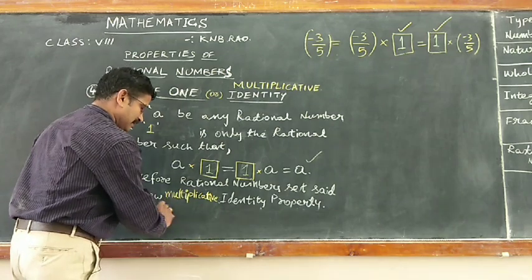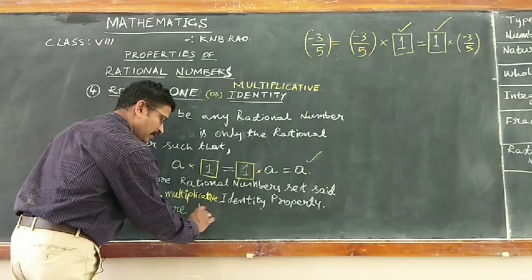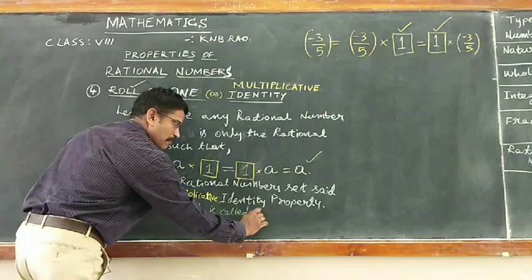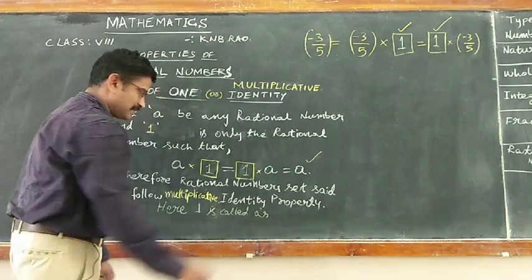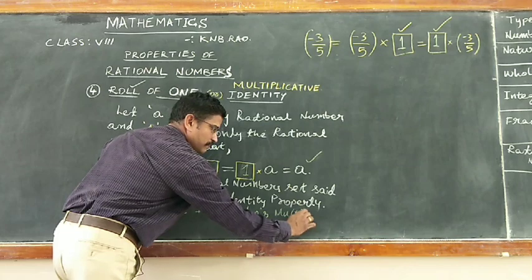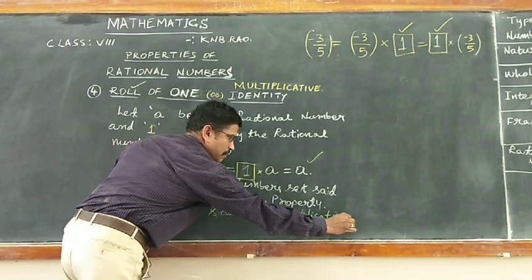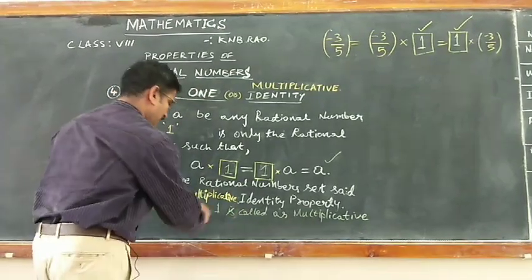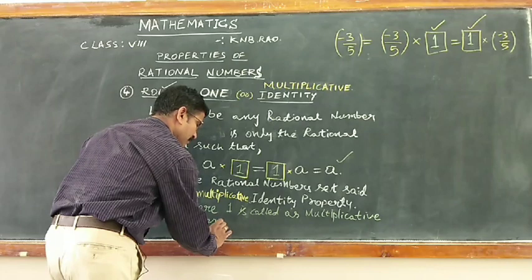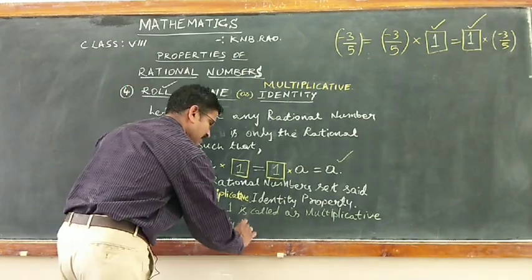Here 1 is called the multiplicative identity element.